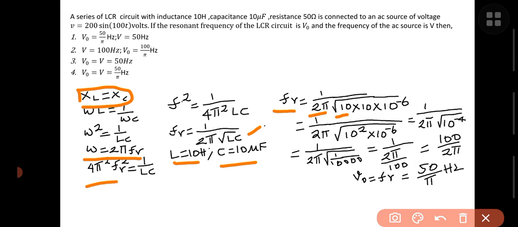Simplifying, we get 1 by 2 pi square root of 10 to the power minus 4.